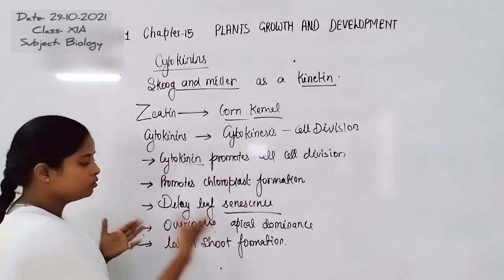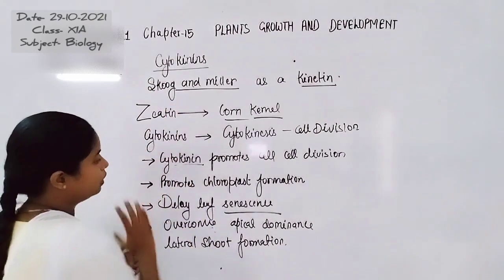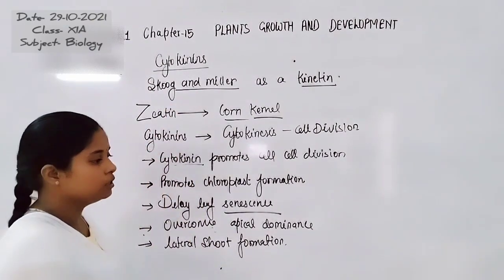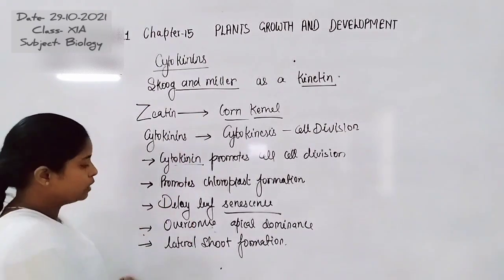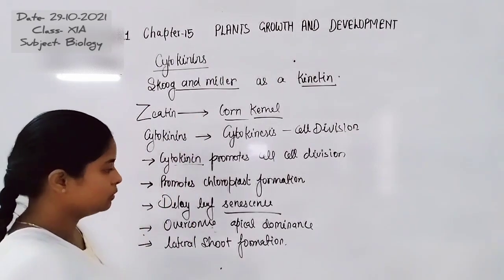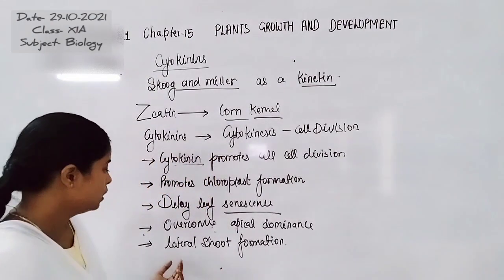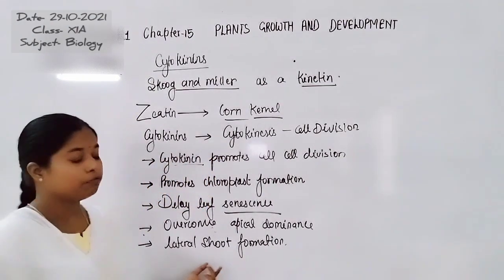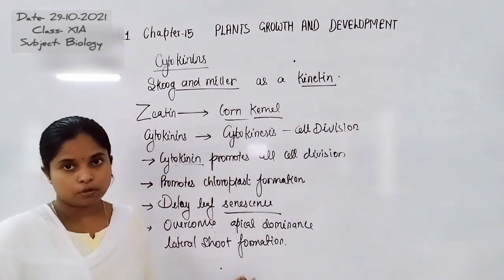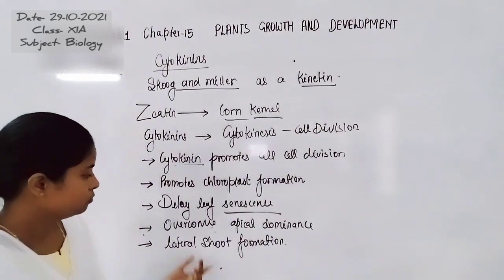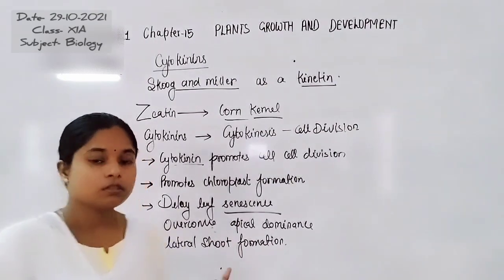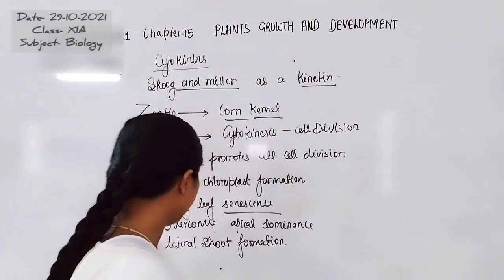So if we spray cytokinin over the plant, it also overcomes the apical dominance through lateral shoot formation, and adventitious root formation also occurs by cytokinin.